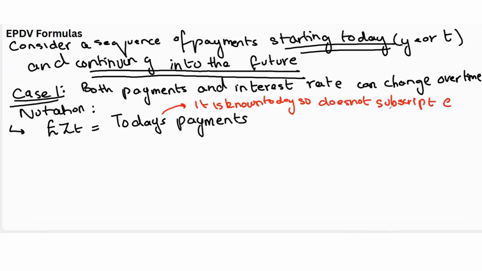And then we have Z_E T plus 1. Now this represents the expected payment next year. The subscript E is for the expected payment next year.